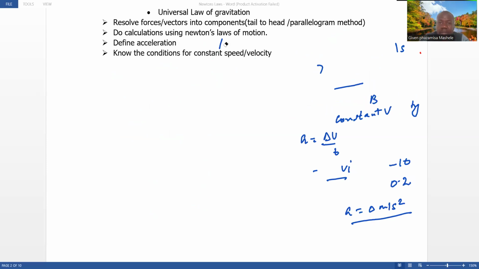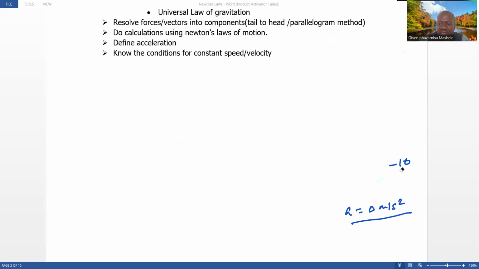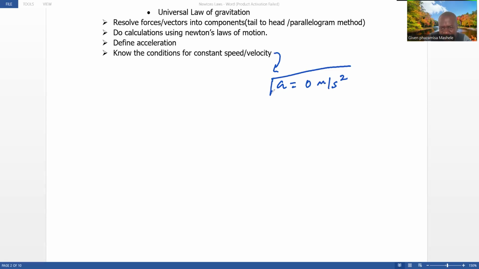All the time, constant speed or constant velocity means acceleration is 0. And these are exam typical questions.